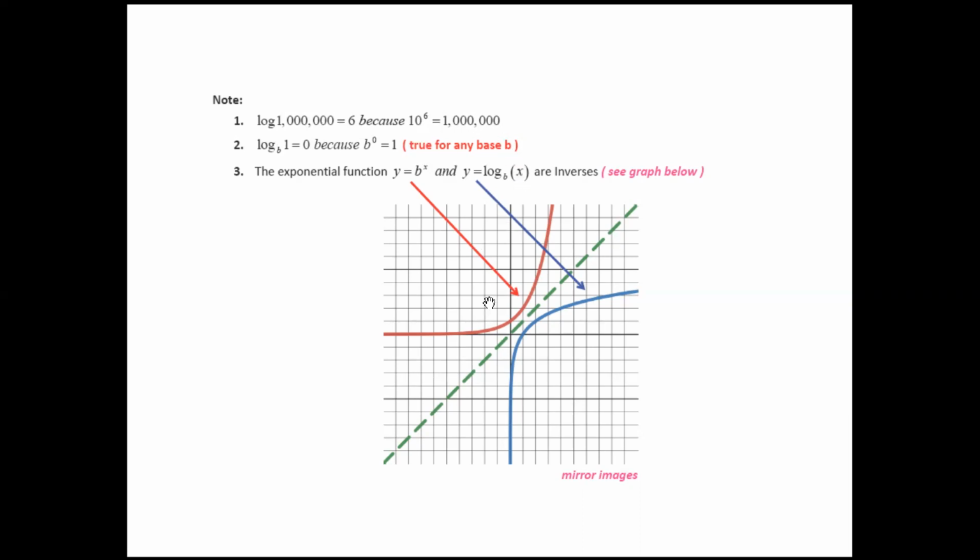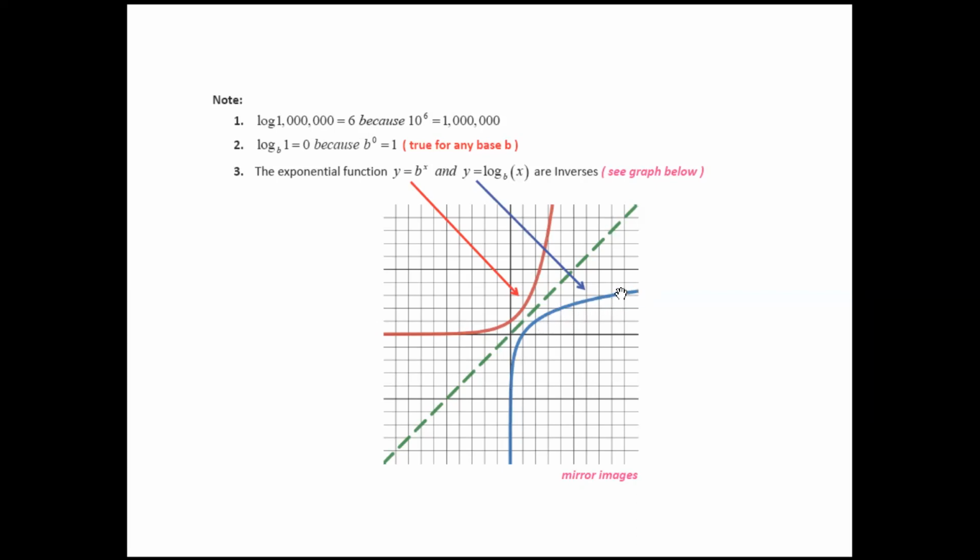Also, what we've done here is we have graphed for you y equals b to the x, where b is some positive base, and the log base b of x, where b is that same base. And we notice these are the graphs we get. This is y equals b to the x, and this is y equals log base b of x.